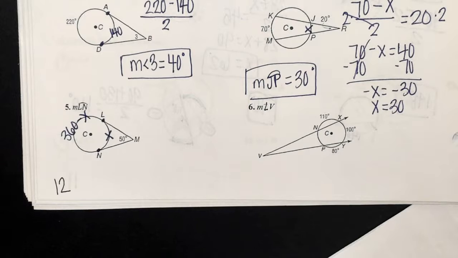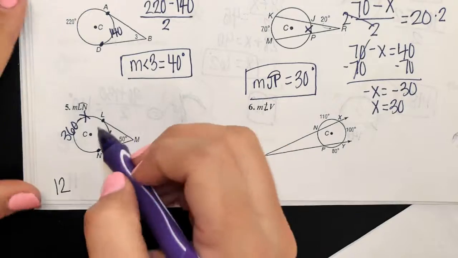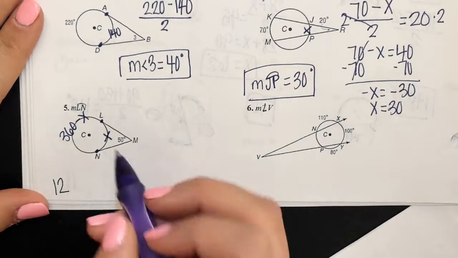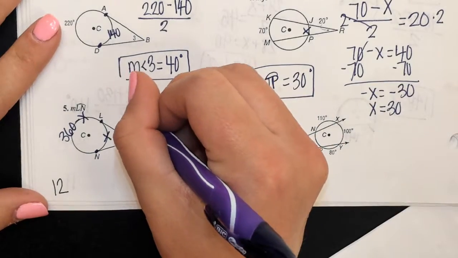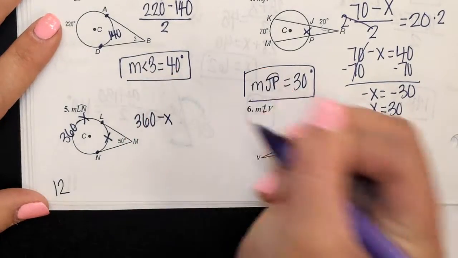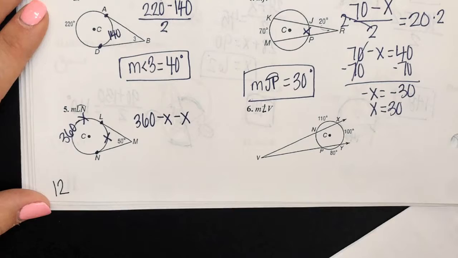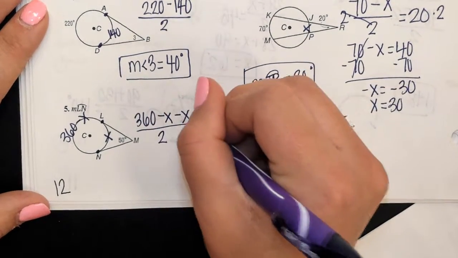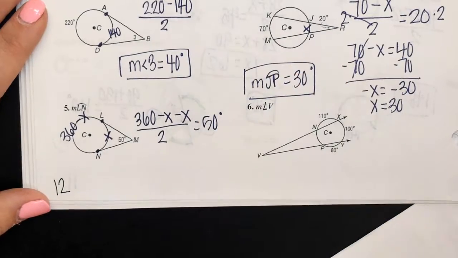Minor arc has to be x. And if there's only 2 arcs, whatever's not in the minor arc has to be in the major arc. Now let's set up our equation. What's the big arc? 360 minus x. What's the baby arc? x. Divided by 2.